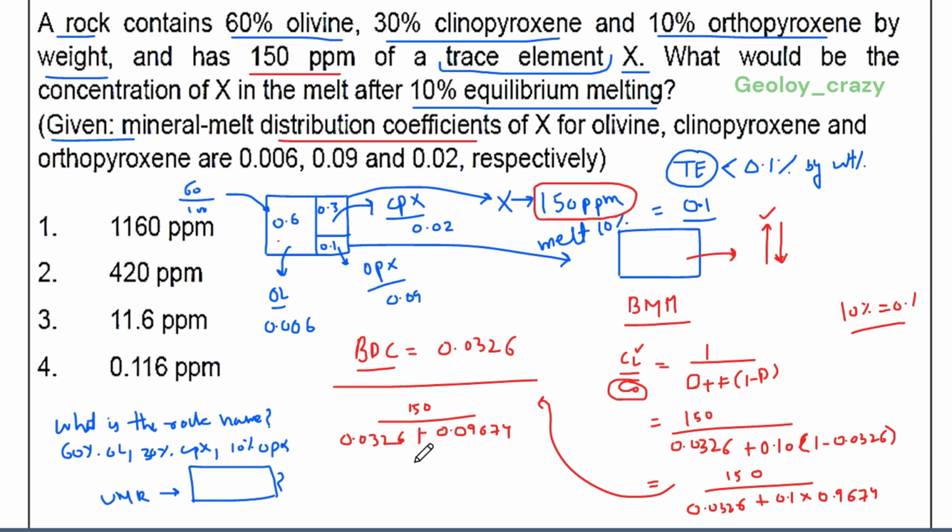After adding these two values, we will get 150 divided by 0.1 to 934 after adding the values.